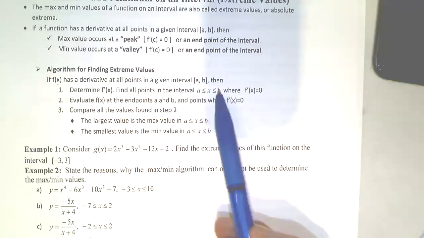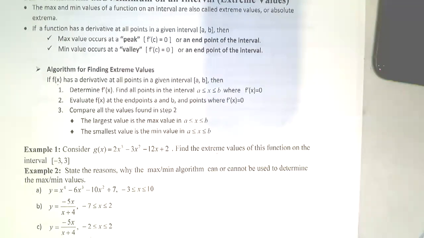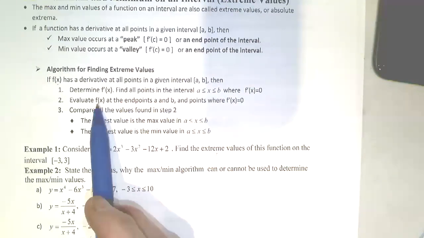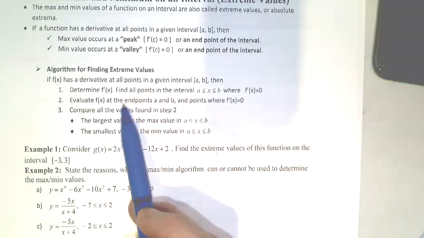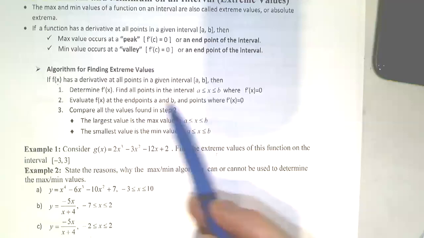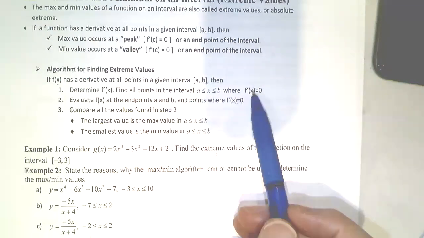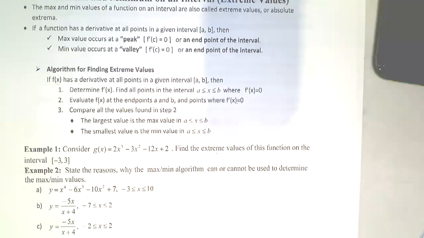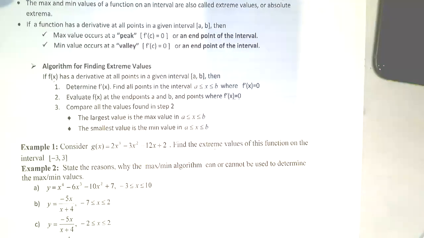I'll come back to this later. So that's what I did. I found the derivative and where it equaled 0. I evaluated to get the y values at the endpoints, and of course also at the points that I found in number 1, and I just compared my values. Now that might not be totally clear, but when I do the next example, I will make it abundantly clear.